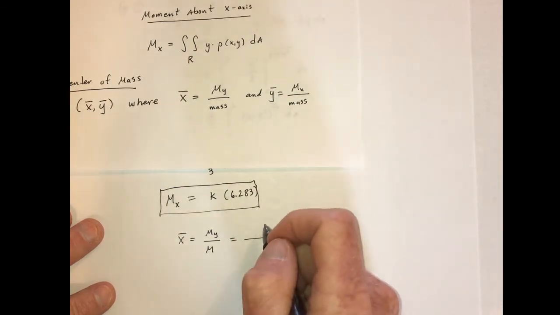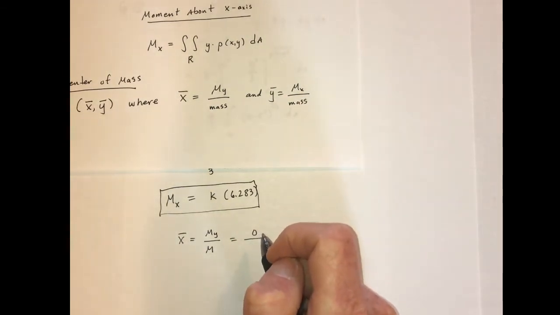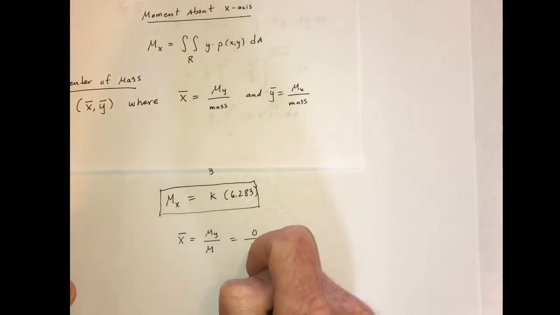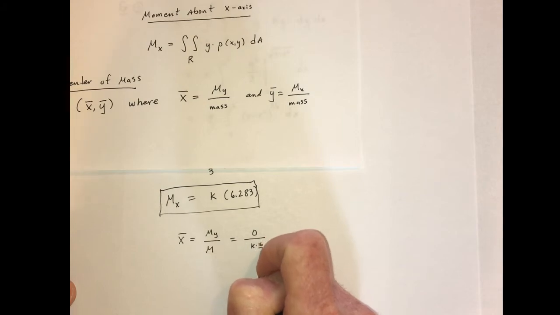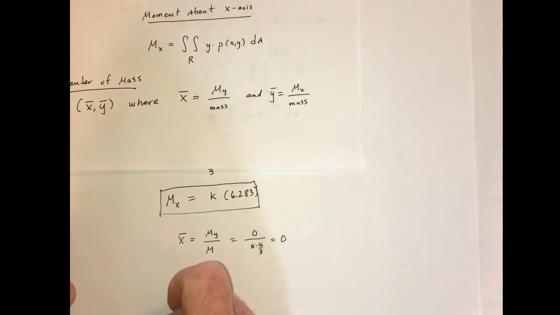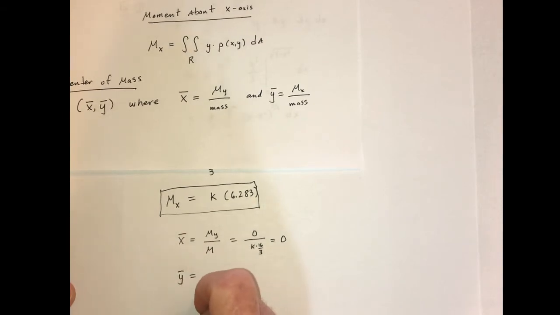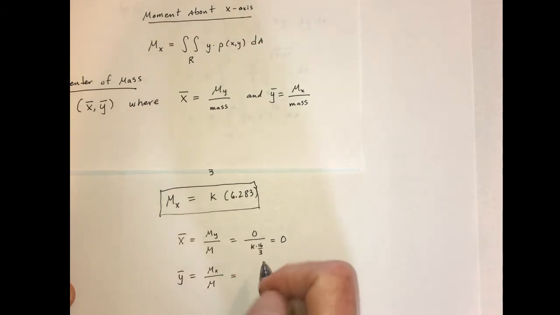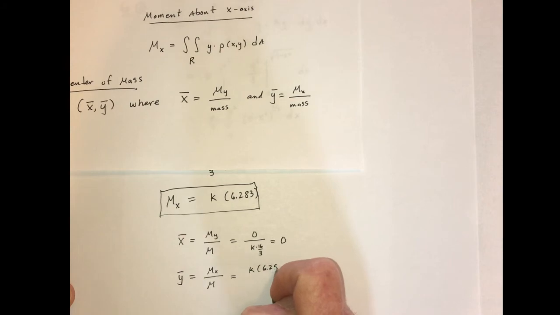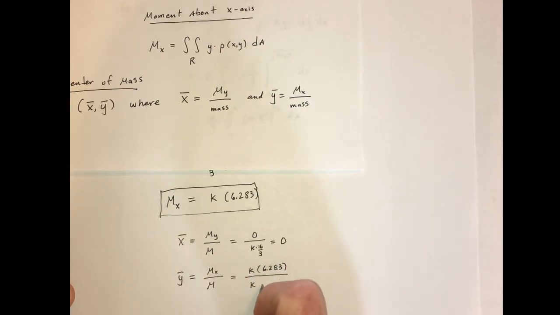So My, that was 0. And the mass was k times 16 over 3. So that is equal to 0. And then for the y bar, that is the Mx divided by the mass. So that's going to be k times 6.283 gets divided by k times 16/3.